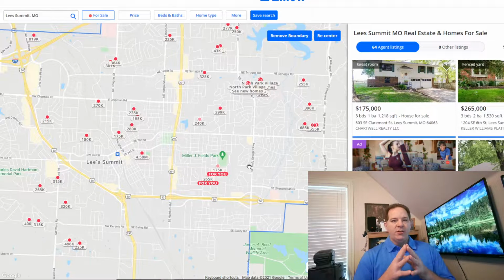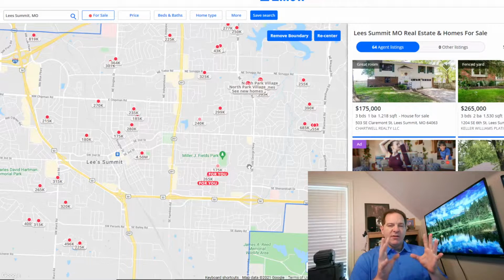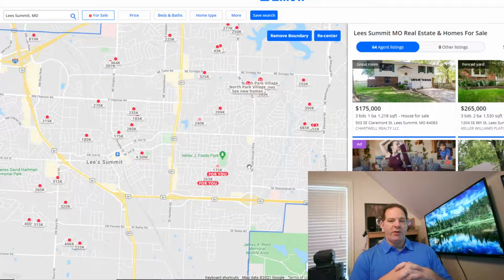So a couple things you need to know is you need to know if houses are selling in this area based on price per square footage, or if houses are selling based on bedrooms and bathrooms. Now, there's always some part of each, but in this area, price per square footage only adjusts the price by about $30 per square foot.